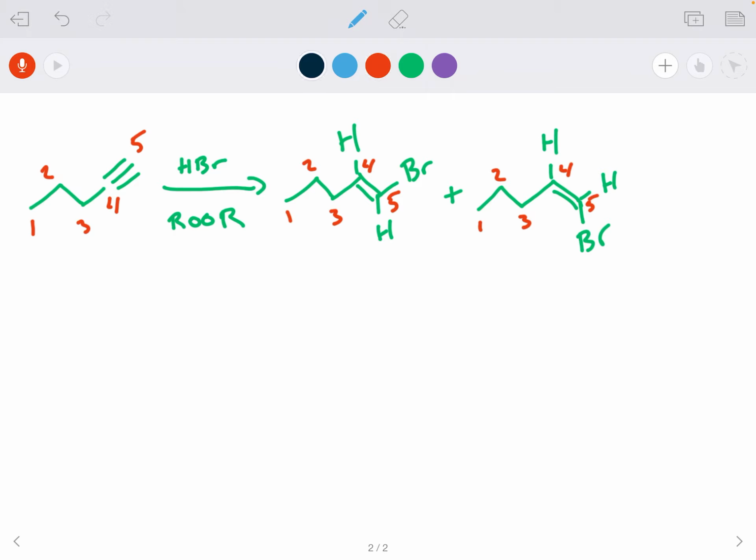The next mechanism we'll go over is the acid-catalyzed hydration of alkynes.